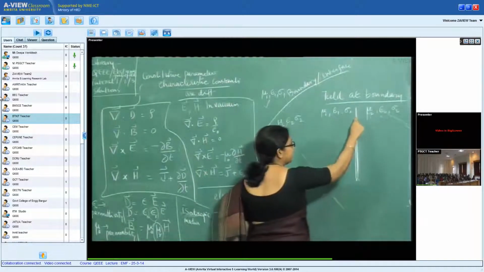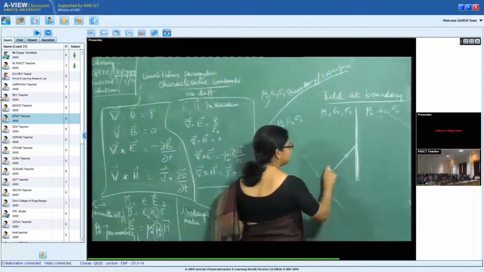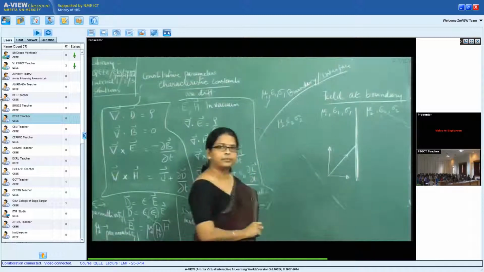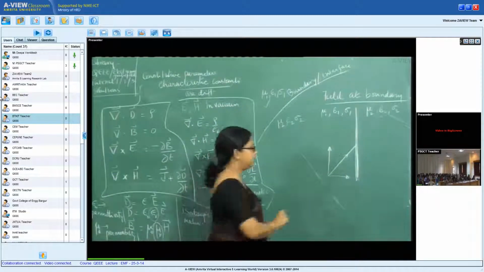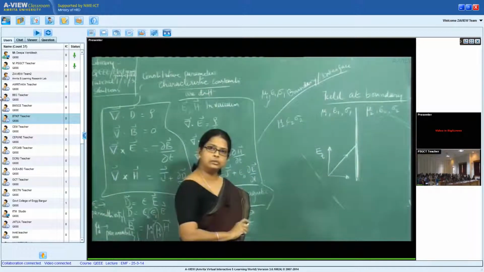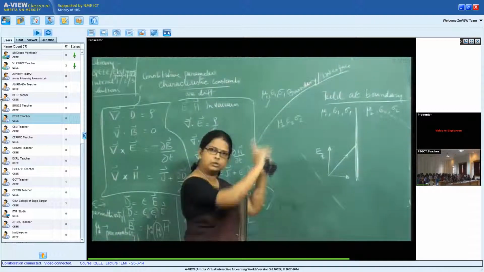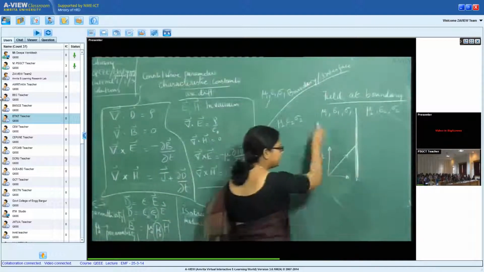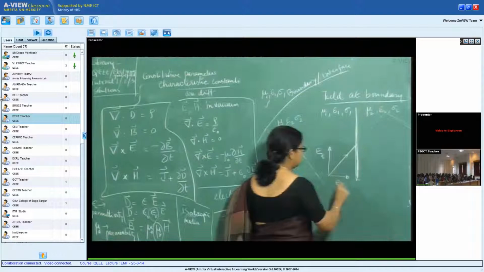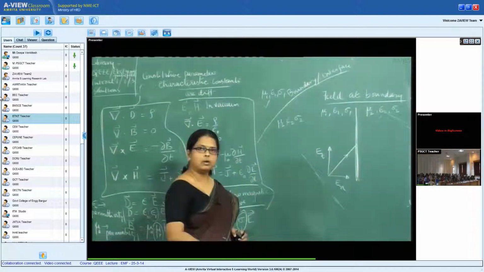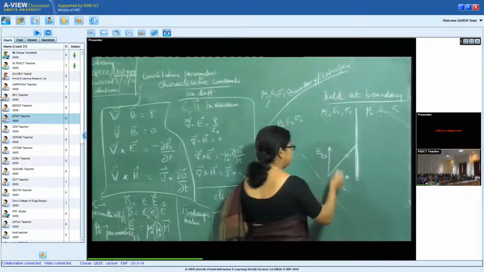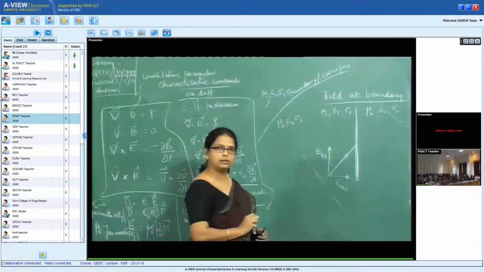One is along the boundary, which I call the tangential component because it is along the tangent to the boundary, and one is perpendicular to the boundary, which I call the normal component. ET1, the tangential component in medium 1, and EN1 in medium 1.